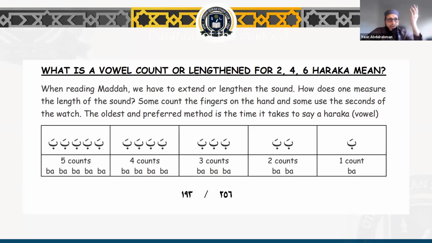So the 4 counts of tahqiq, for example, would be physically longer than the 4 counts of tadwir, although they are both 4. But because tahqiq is a slower recitation, the 4 counts will take longer time. Same thing applies between the tadwir and hadr. The 4 counts of tadwir are longer than the 4 counts of the hadr.